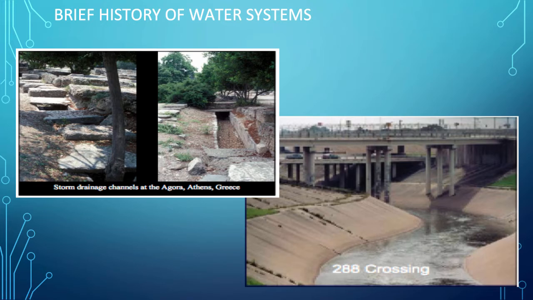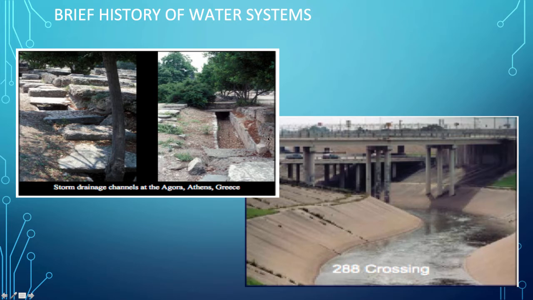This is in the Houston area. And you can see, technologically speaking, there's not a whole lot of difference. We have these big flat rocks that we cross over the drainage channel with. Now, scale's quite a bit different because in ancient Greece, liquid rock hadn't been invented yet, and in modern times we have liquid rock, which we call concrete, that performs all the benefits of actual rock in that it gets hard and it cracks.